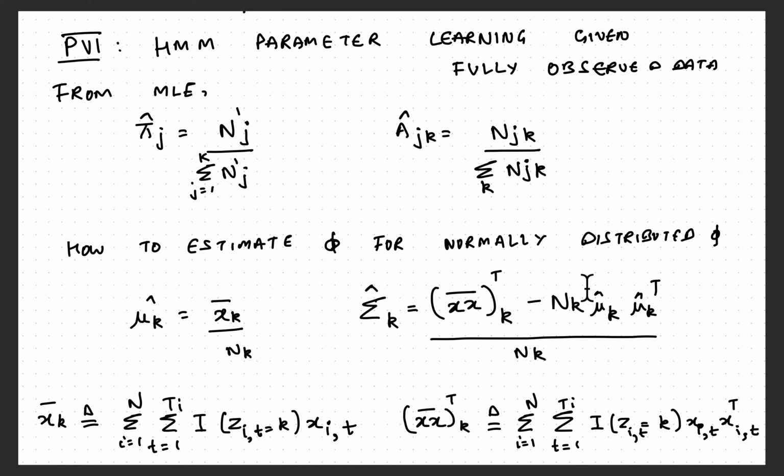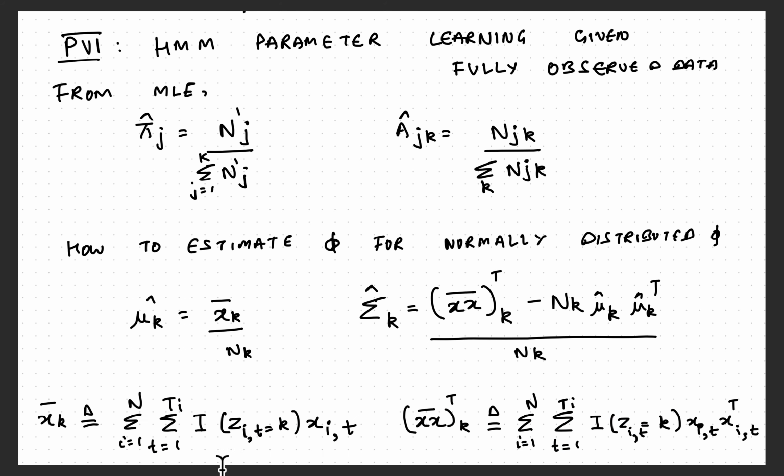But what is xk bar? xk bar, as I've written in this formulation, is basically the sum of all of the observations x when you are in the kth state over all the timestamps and over all the sequences n.